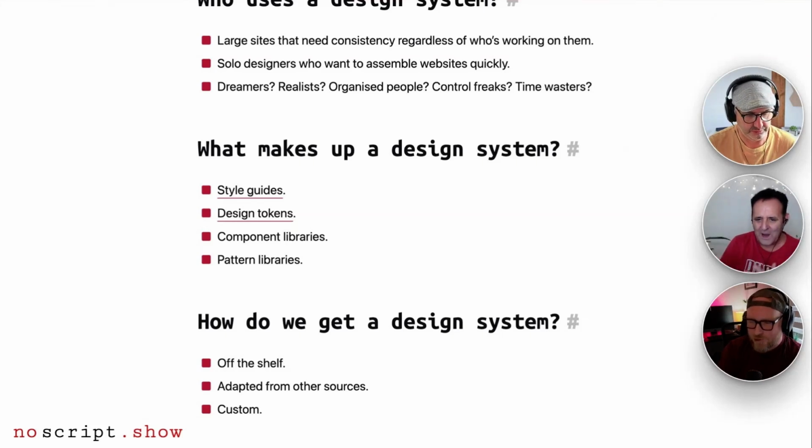Without a doubt, these two things influenced the future of things like Gutenberg for WordPress. It was only the next year when Matt Mullenweg was talking about blocks and the idea that JavaScript was the future.